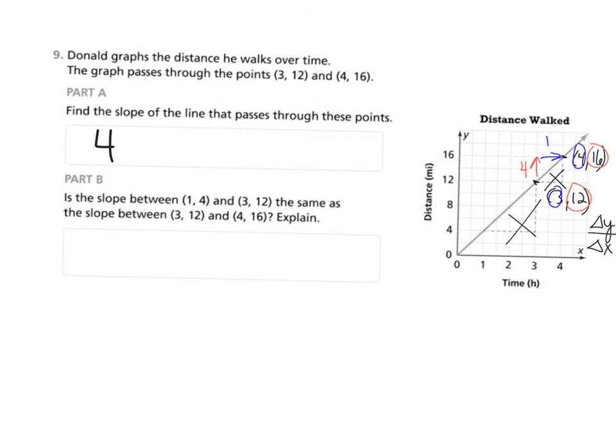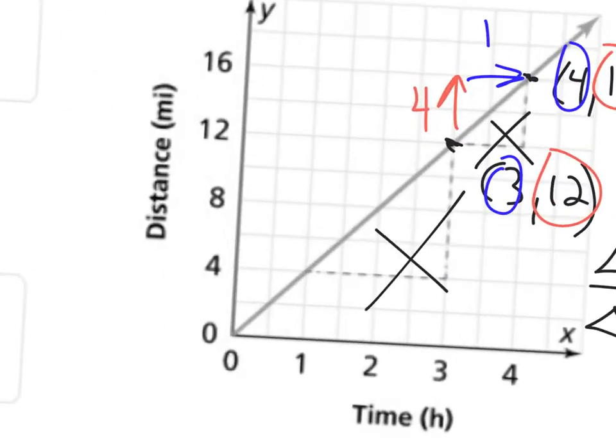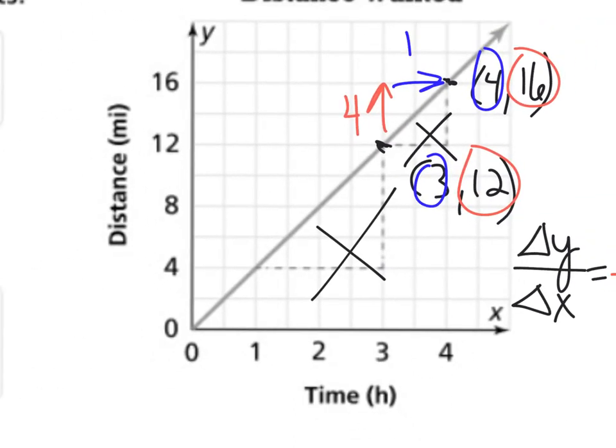And then part B, is the slope between (1, 4) and (3, 12) the same as the slope between (3, 12) and (4, 16)? So if we look at (1, 4) to (3, 12), we'd go from 4 to 12. 12 minus 4 is 8, so it's going up 8.